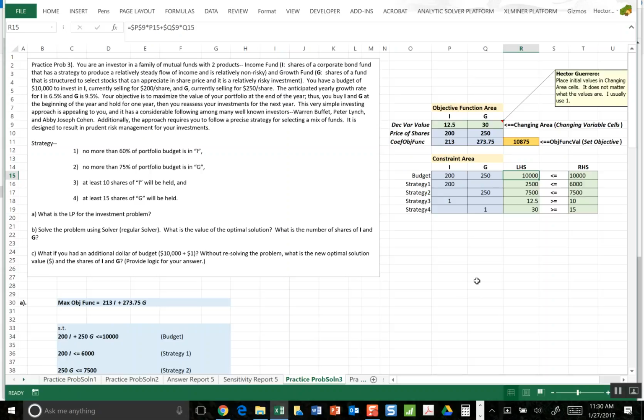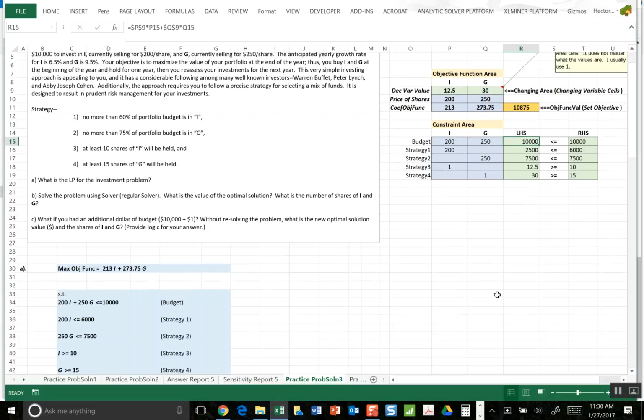So the next question is, what if you had an additional dollar of budget? In other words, we're going to expand our $10,000 budget to $10,001. Without resolving the problem, what's the new optimal solution and the shares of I and G?